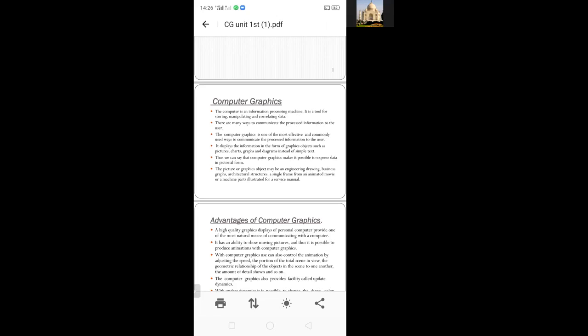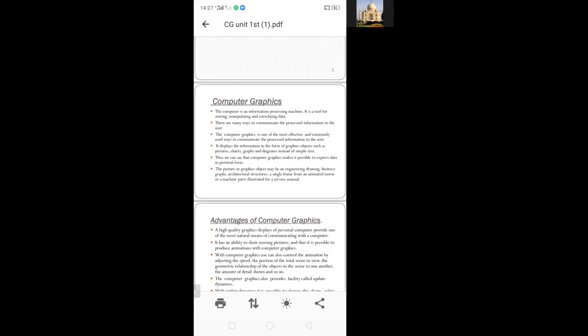Computer graphics, the computer is an information machine. Initially we should know what the computer is. As we know, the computer understands only the language of zeros and ones. So computer graphics is also dealing with zeros and ones.